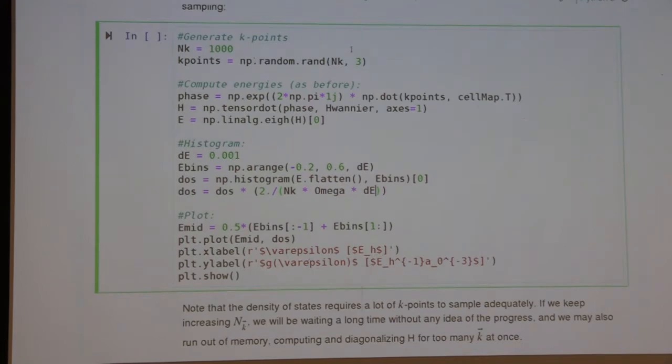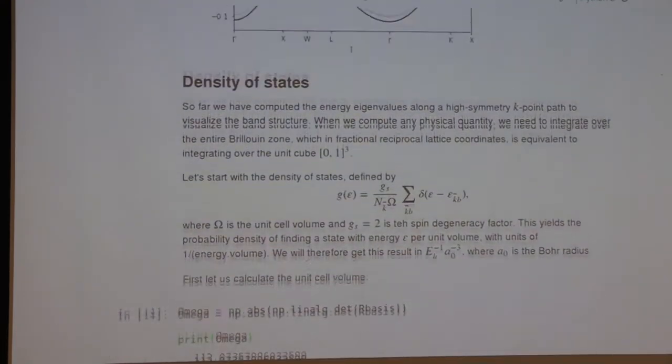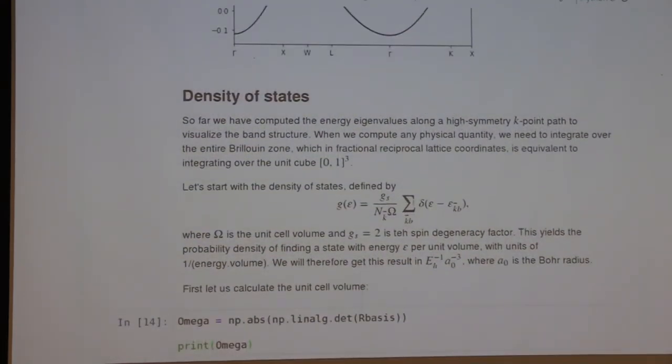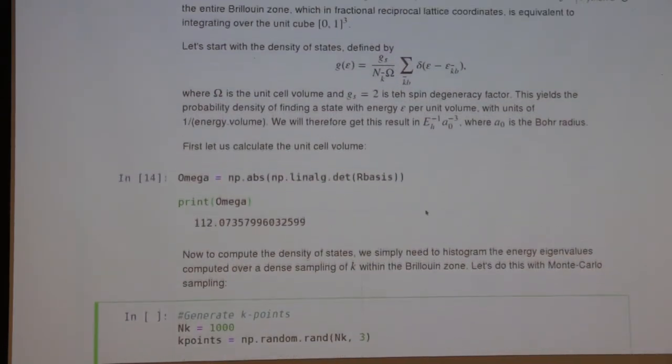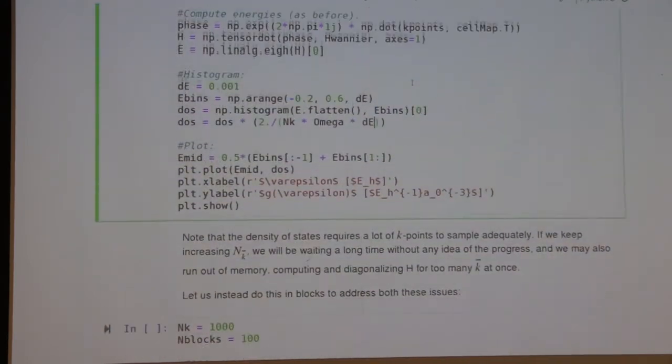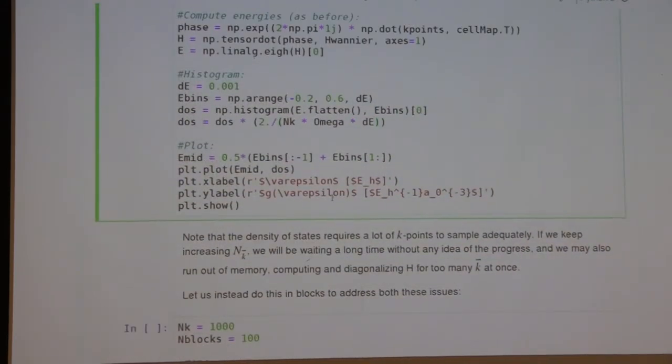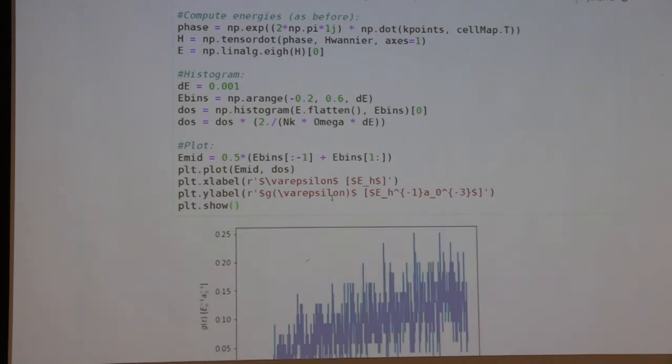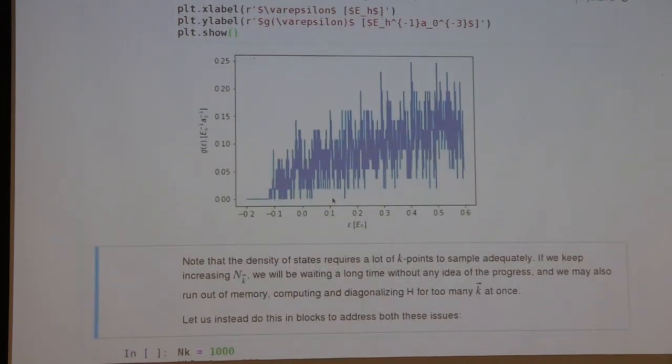Right? And this dE factor was not present in the expression, but that's basically the relationship between taking this delta function and converting it to a histogram. Right? Also note that the delta function has the dimension of 1 over its argument, so that would not be accounted for in the histogram by itself. All right? And then we can plot that, and this is what we would get.